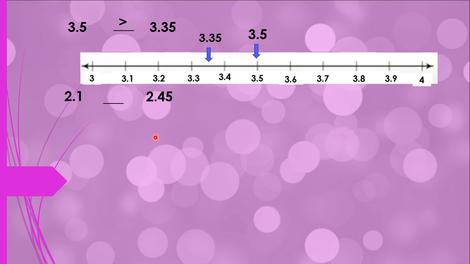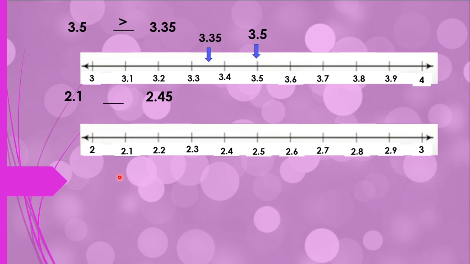Let's take another one. 2.1 or 2.45. I know without the number line you can do it very well. You know the answers. I know that. But if I ask you to draw on a number line, where will you put it? Where will you put 2.1? You will put it over here. And 2.45 comes between 2.4 and 2.5.